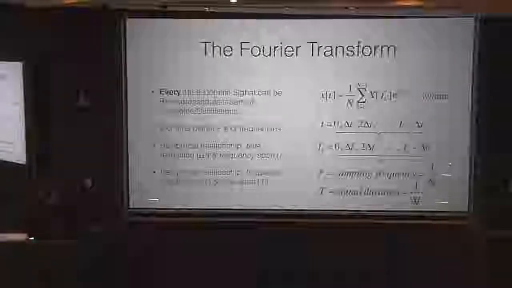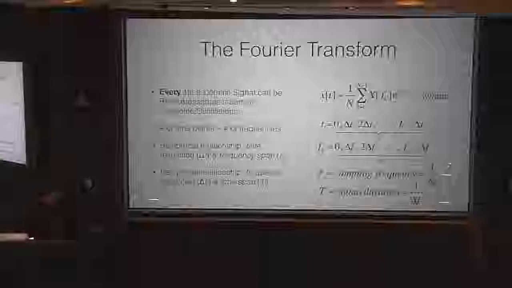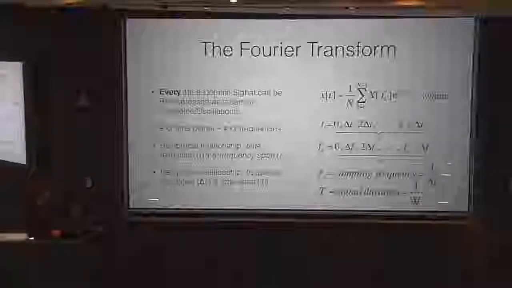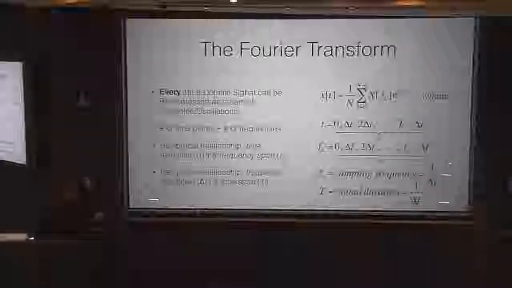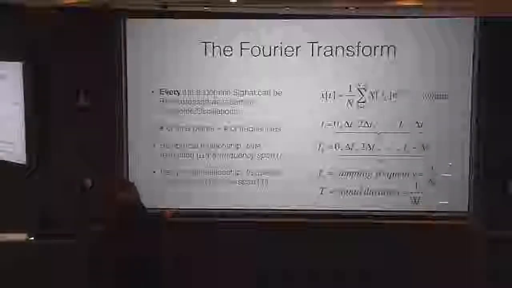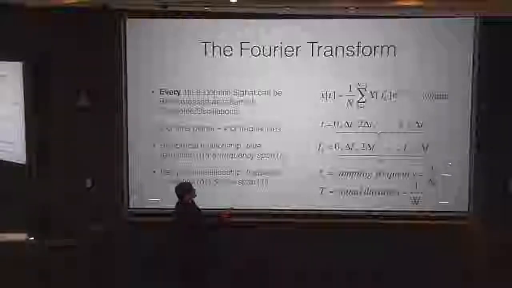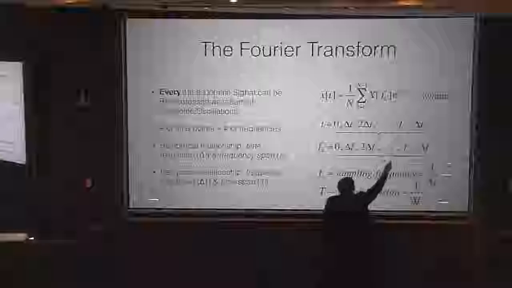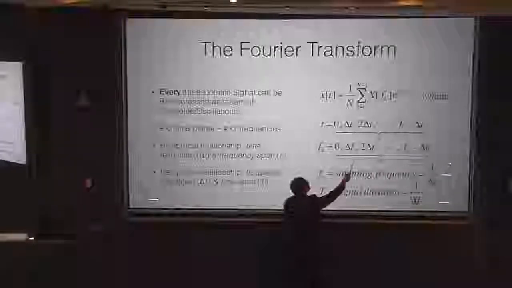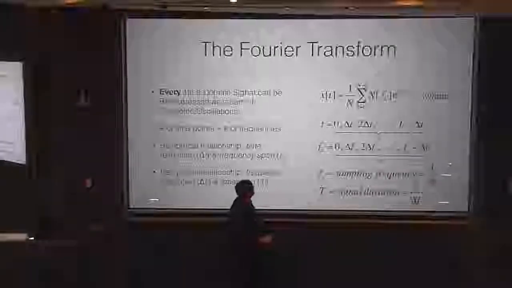So first, Fourier transform. This will be the most complicated set of equations that you'll see. The Fourier transform says, it's a mathematical statement, that every time domain signal x of t, and I'm talking only about discrete or acquired signals here, can be re-expressed as a bunch of sinusoids, each with their own coefficient.